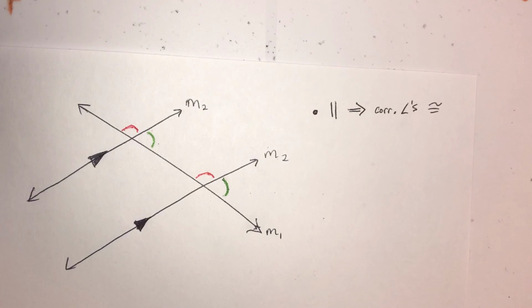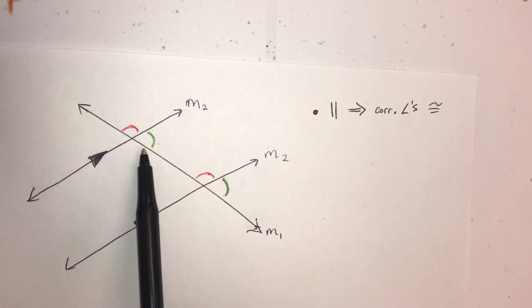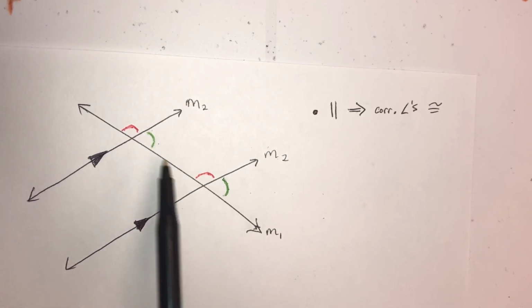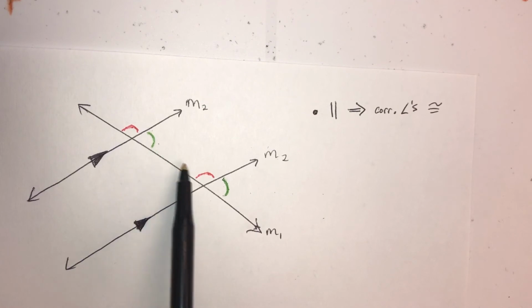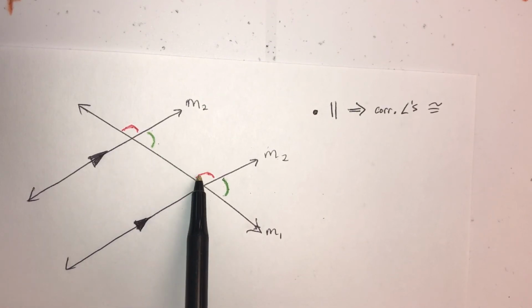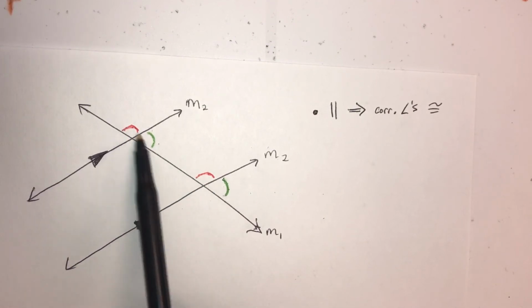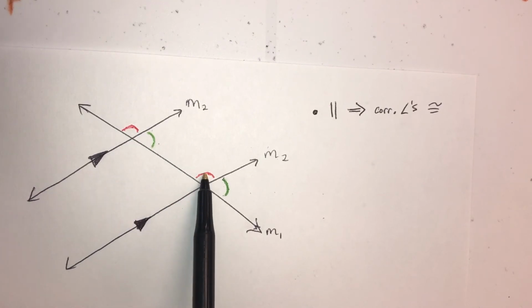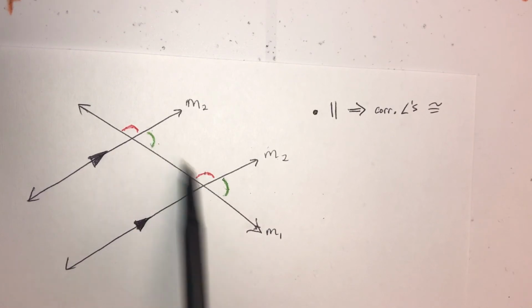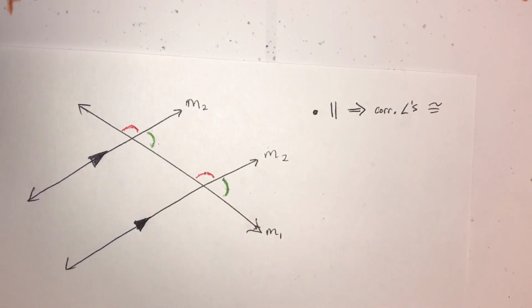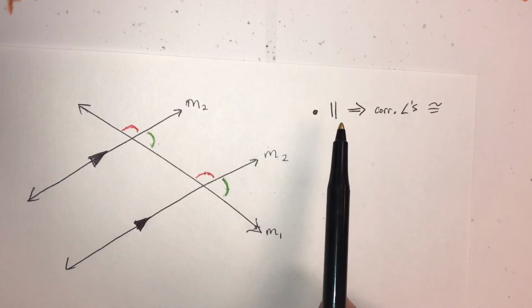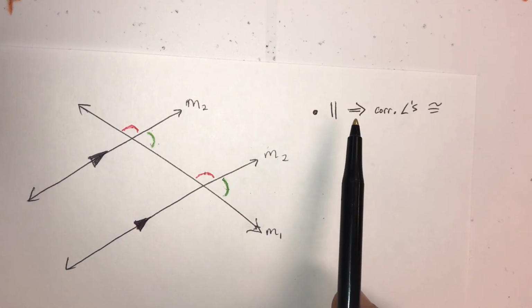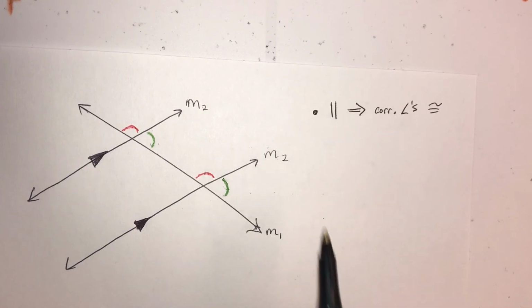If we didn't know that they were corresponding, so if we only considered the green and the green, then we would have the red and the red because these are two linear pairs. So this angle and this angle are each supplementary to congruent angles, so by the congruent supplements theorem, they're also congruent. But right now we've only applied the postulate that parallel implies corresponding angles congruent.